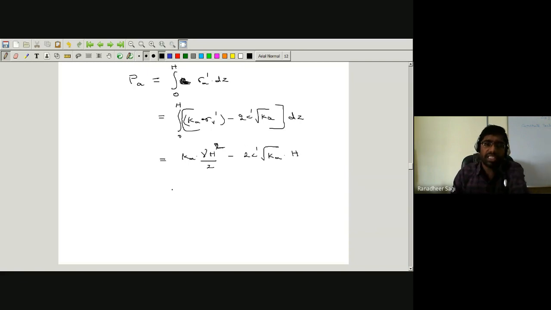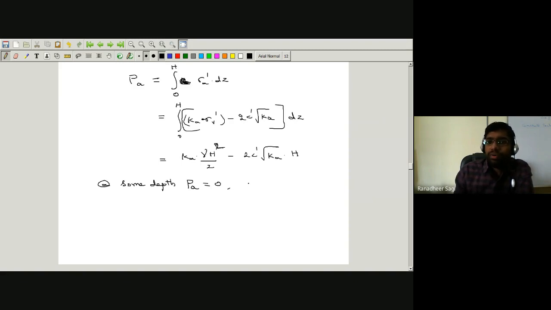And what we said is at some particular depth, the net resultant active earth pressure force is becoming 0.